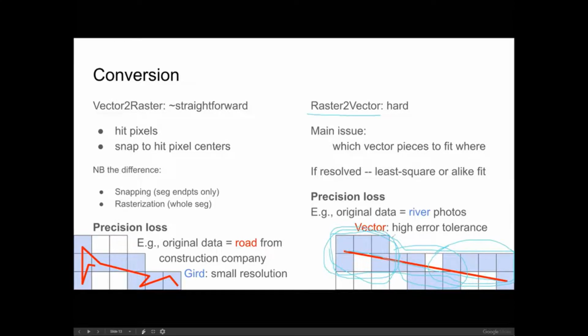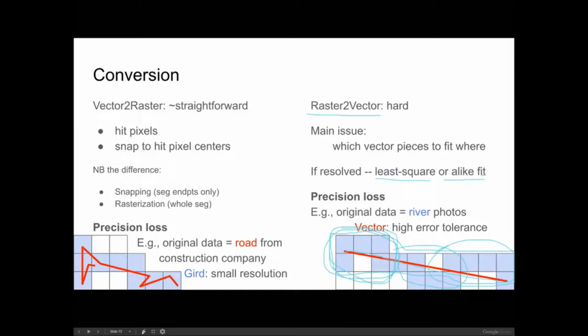But if you do know which pixels you want to represent with a line, then you can do a least squares fit or things like that. And we will look at examples at the next slide.